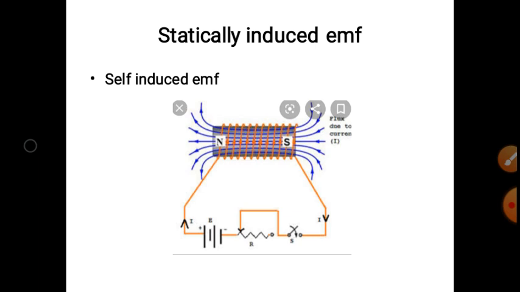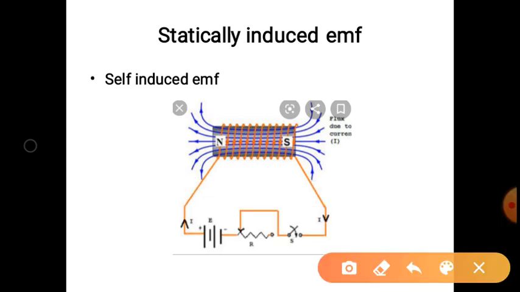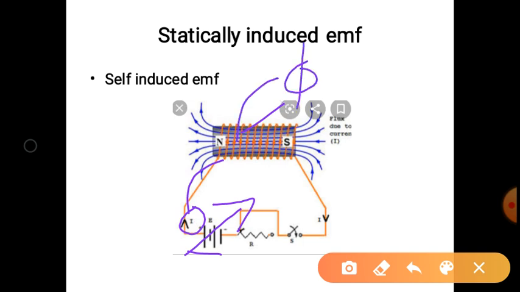We'll see self-induced EMF. There is one picture shown here. One coil is connected to the supply. Whenever I switch on the supply, current I will flow through the coil. Due to the current flow in this coil, flux will be produced in that coil.